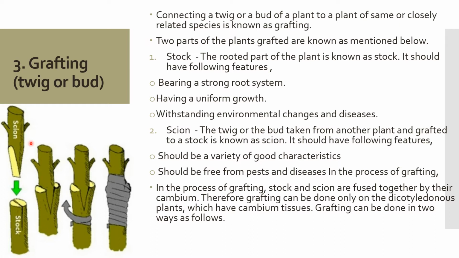So the two selected plants should contain the cambium. So we can use this method only for dicotyledonous plants and not for monocotyledonous plants, as monocotyledonous plants do not contain a cambium tissue. And the two methods of grafting are bud grafting and twig grafting. So now we will see how grafting is done using these two methods.